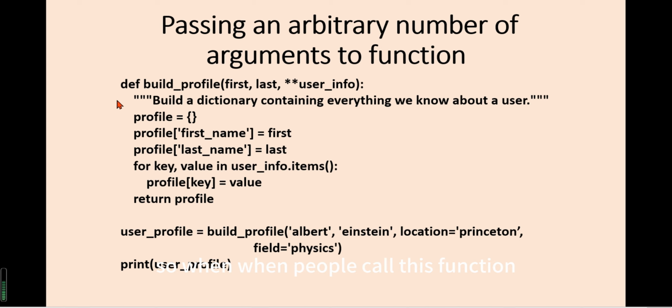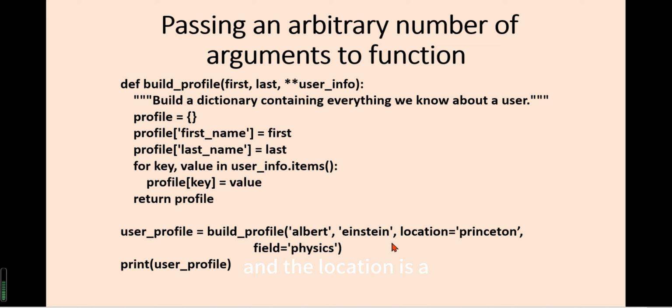So when people call this function, a local scope dictionary called user_info is automatically created with empty value. Then people pass the information, like here, Albert Einstein will be passed to the first and the last name.